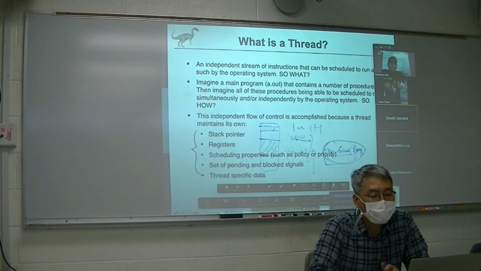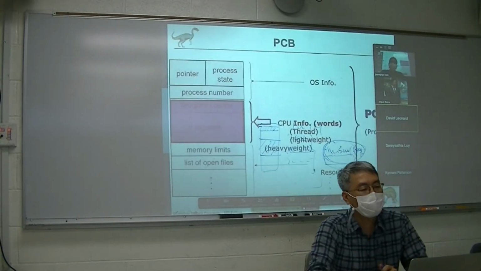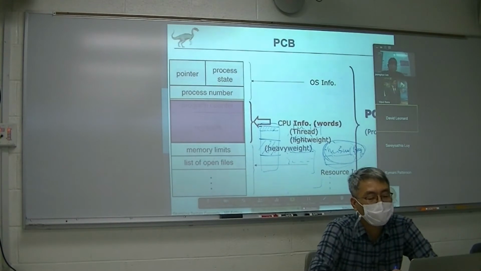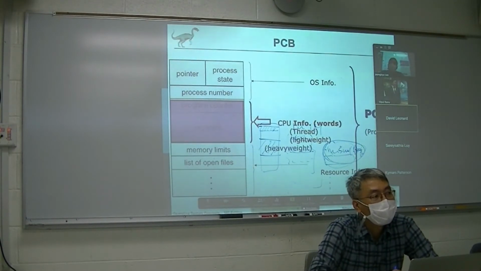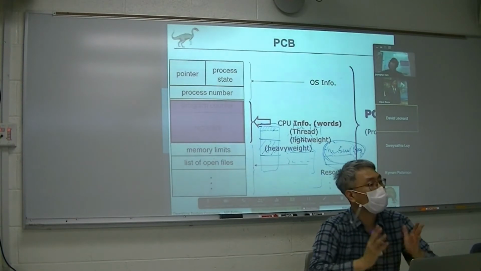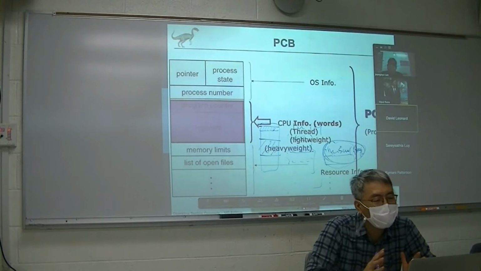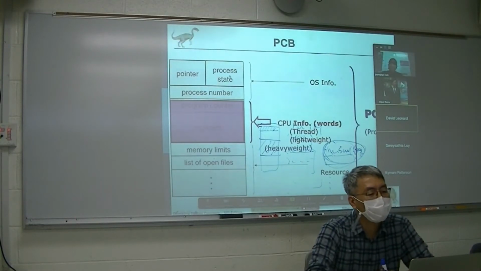For better understanding, we can look at this one. This is an illustration of the PCB data structure. What is a PCB? Process Control Block. It's a data structure where we keep all the information about the process. For example, the pointer and the process state.